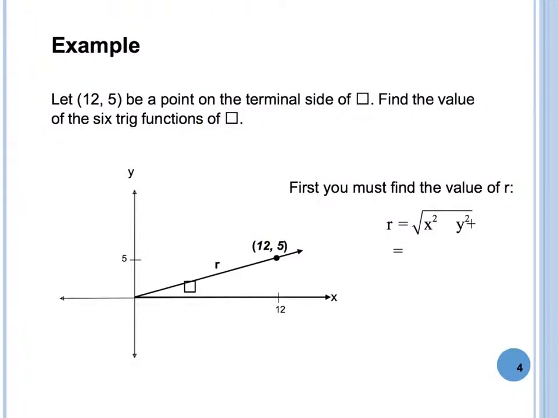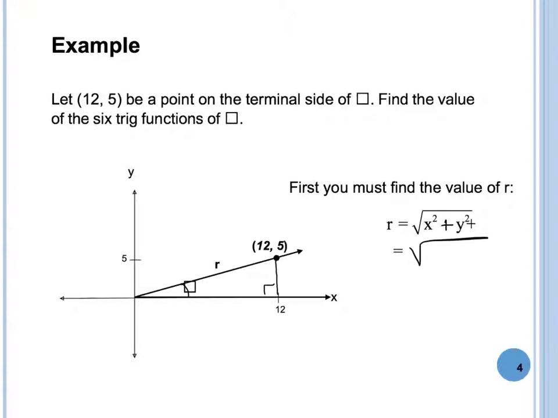So we want to take an ordered pair, 12, 5, and figure out all 6 trig functions, the ratio of the sides. So most of them contain an r value, which means I need to find r using the Pythagorean theorem, since I have a really nice right triangle here. X squared plus y squared.